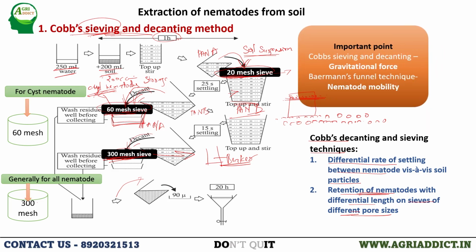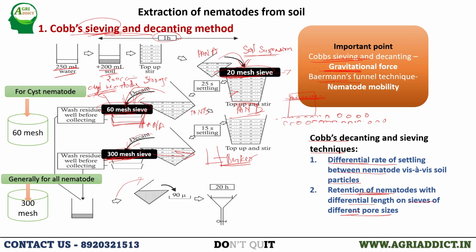The point which needs to be carefully noted is that Cobb's sieving and decanting method entirely depends on the principle of gravitational force, because the rate of settling depends on gravity. So the differential rate of settling between the nematodes and soil particles will vary according to the pore sizes of the sieve.